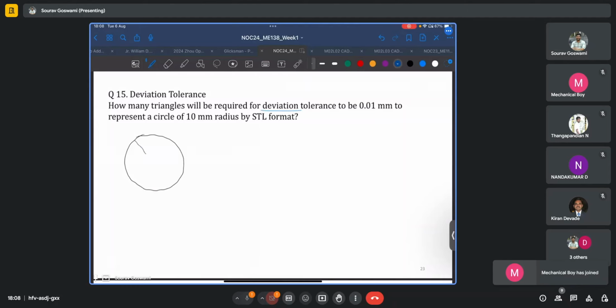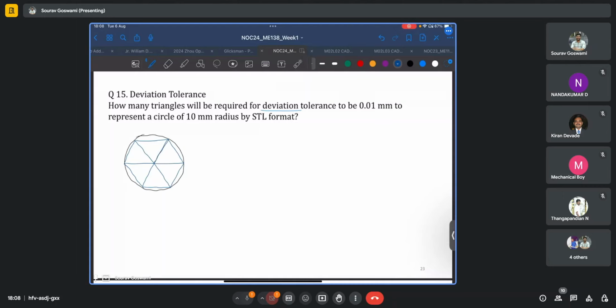So this is just an approximate representation of the same. And say you have the radius of the circle. You know the value of r, which is 10 mm, and you're required to find the deviation tolerance.